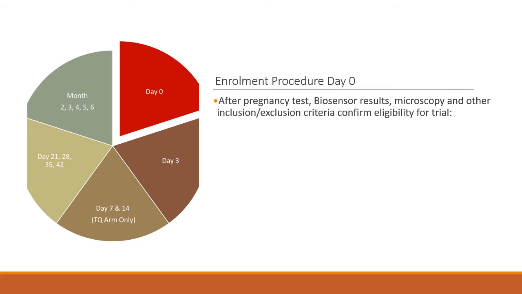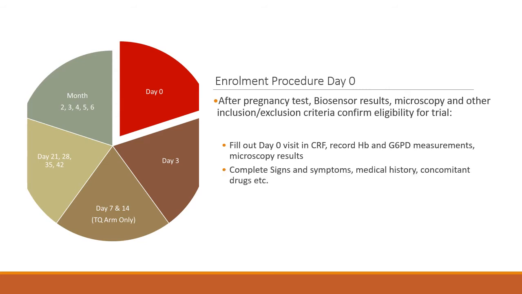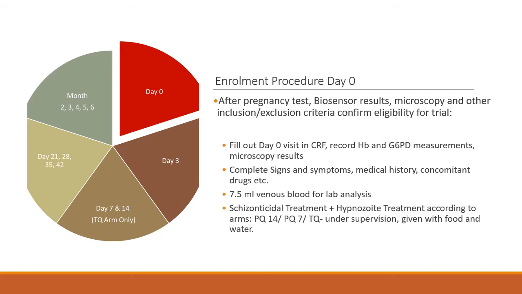If they are eligible, fill out day 0 visit in the CRF. Record the hemoglobin and G6PD measurements and the microscopy results. There is also the signs and symptoms form, medical history form, concomitant drugs, etc.